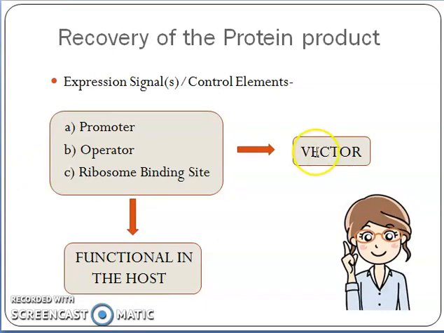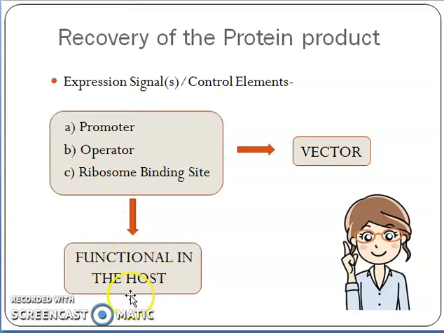During cloning, you have to incorporate the gene into the vector, and along with the gene, you have to incorporate all three appropriate expression signals so that the gene can be expressed. And one more thing should be kept in mind, that these three expression signals must be selected in such a way that they are functional in the selected host.